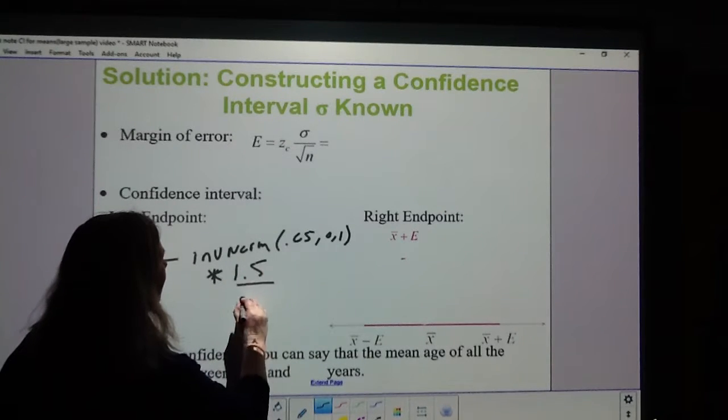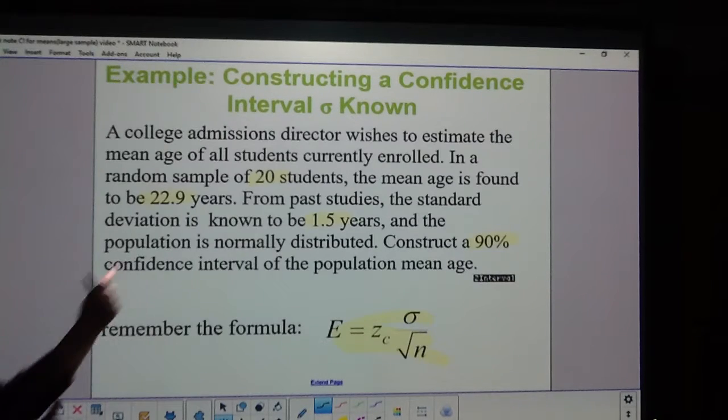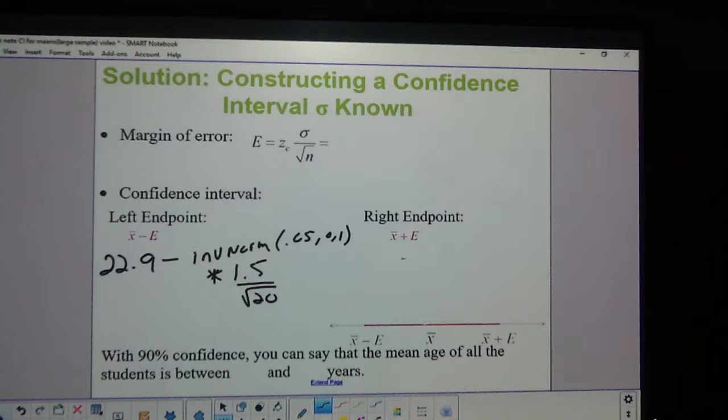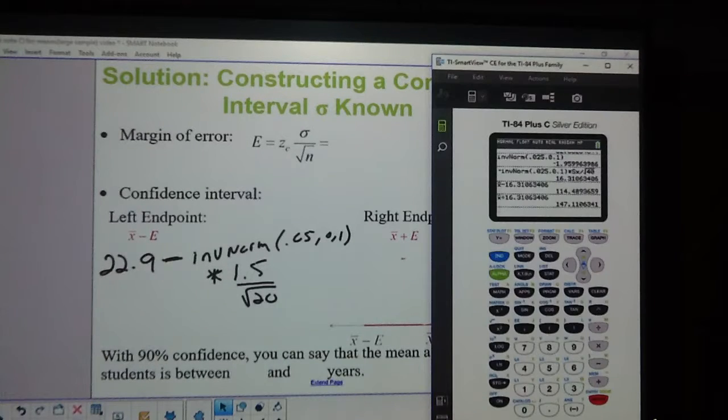And then I'm going to divide it by the square root of 20 because there are 20 students. Then I'm going to do the same thing, but instead of a minus, I'm going to do plus. So let me get my calculator out and let's do that.